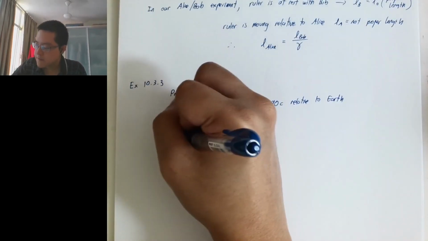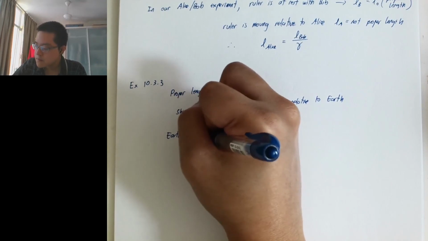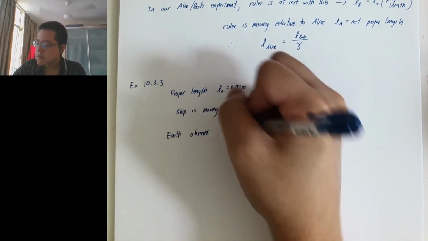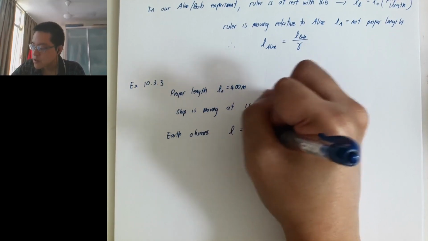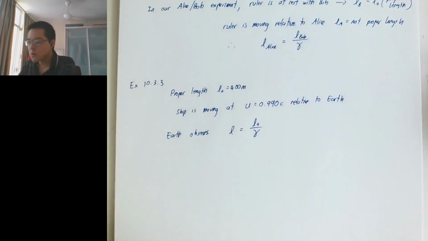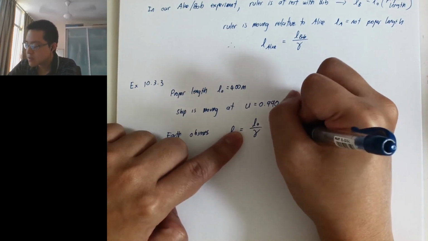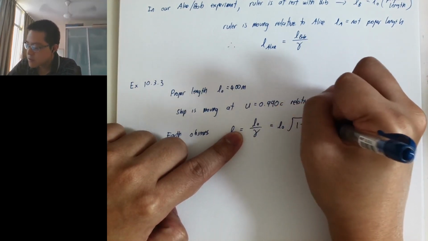Therefore, Earth observes the length to be contracted by gamma. 1 over gamma is just the square root upstairs, so I get L times the square root of 1 minus u squared over c squared.